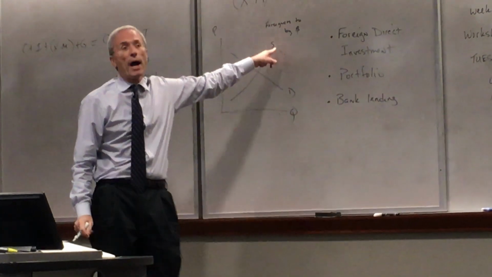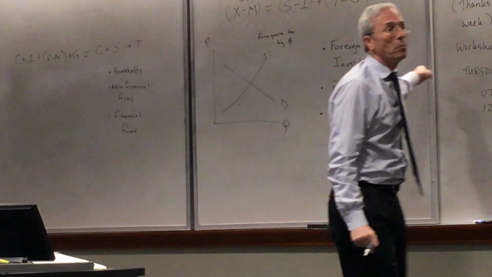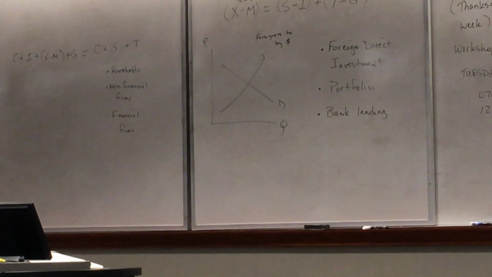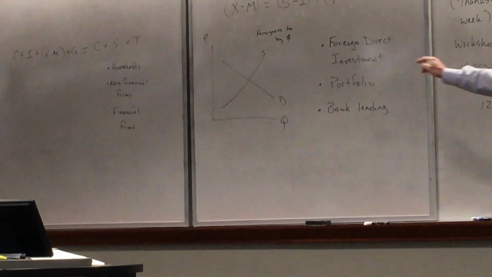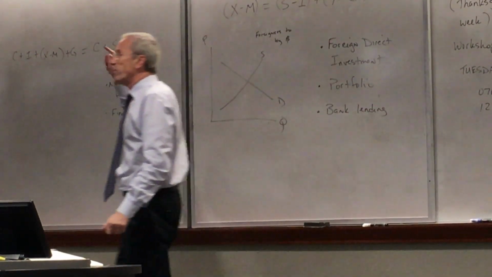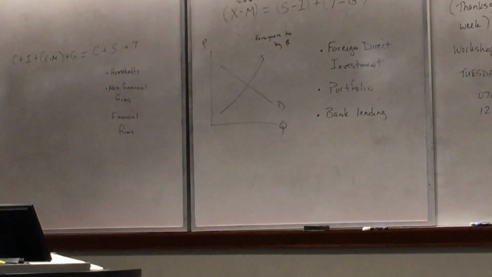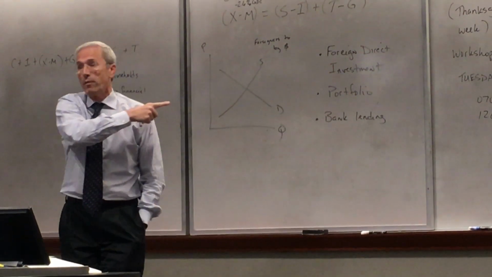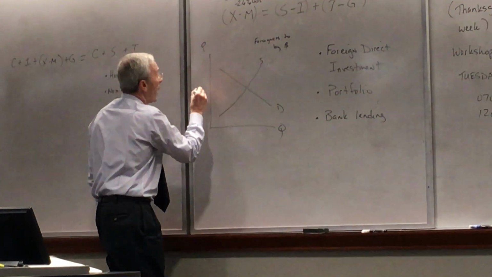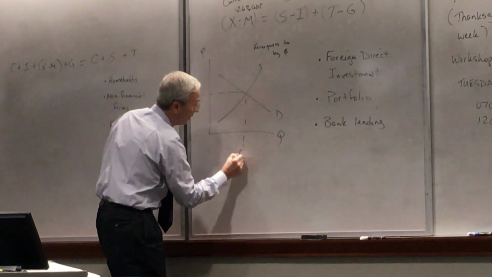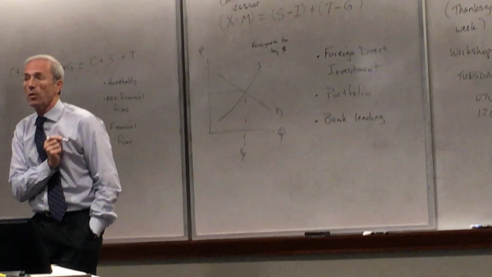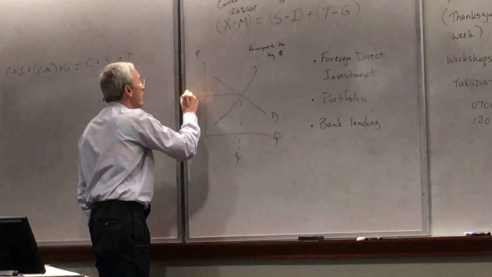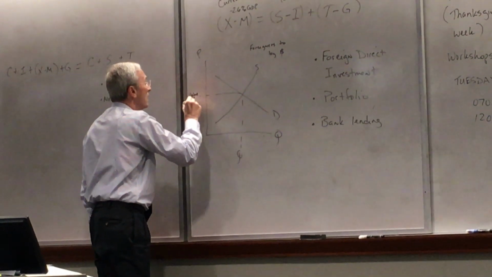So here's the supply of the dollars that are available for a foreigner to buy. So this is the supply of dollars that if I have yen, I can buy. Or if I have euros, I can buy. This is the demand for those dollars by the foreigners. So where the supply and the demand come together, here's the quantity of dollars that are being demanded, and here's the value of the dollar.